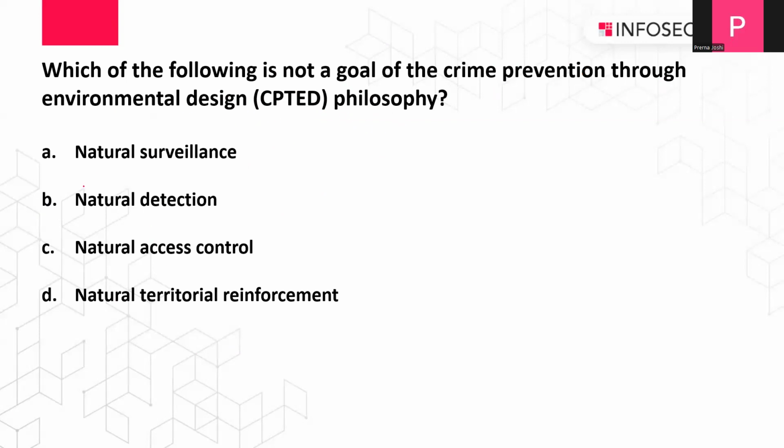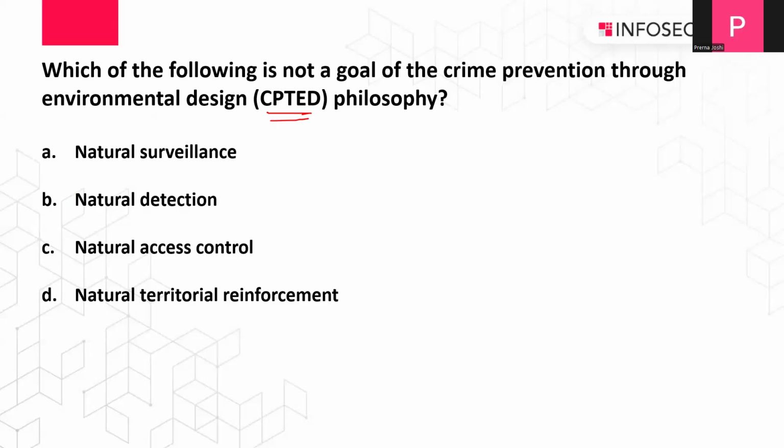So among these options, we have option A, B, C, D. And when we talk about this CPTED, CPTED is a multidisciplinary approach that is aimed at reducing crime and improving public safety by designing the environment.